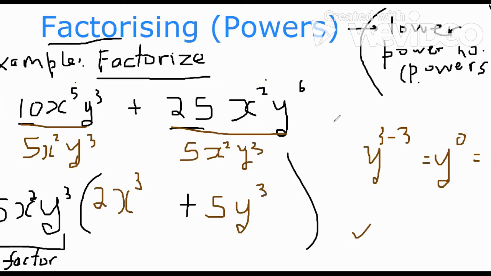Sir, I wasn't at the last class, so for all of the categories of factorizing, do you find the lowest common factor? Is it the same for algebra and the other categories?